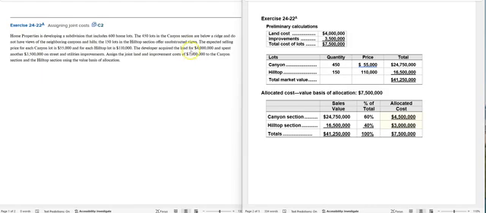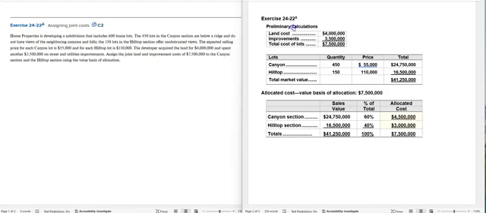Okay, so total costs incurred were $4 million to buy the land, $3.5 million to improve, create streets, and put in the utilities. So the developer has total costs of $7.5 million for all 600 lots. And they're trying to figure out how do we allocate those costs to the canyon lots and the hilltop lots.